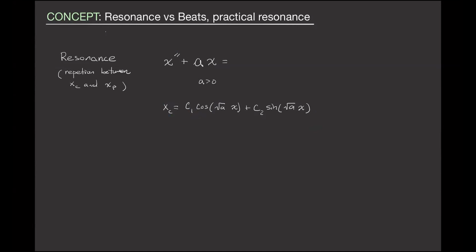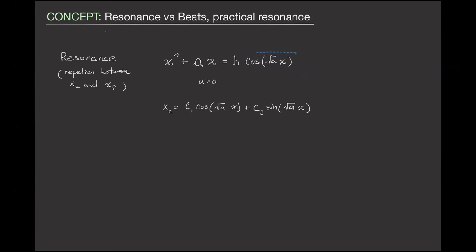The reason I've left this blank over here is, let's say now you have something to the effect of cosine square root of a times x, or sine, either way. And we have whatever number here, maybe lowercase b.